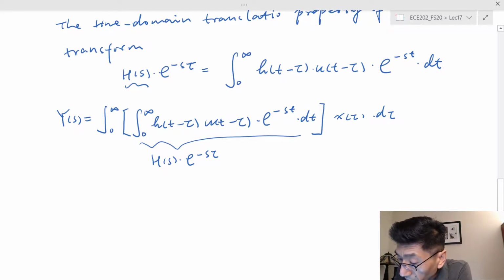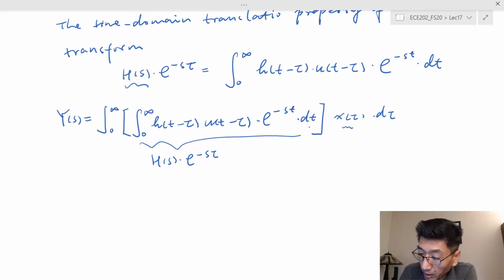For the inside, we're trying to see if we can switch this. If we can switch, then we can recognize the y(t) inside that dt. That's where I'm going. Since the inner integral is with respect to time t, I can move x(τ) inside.